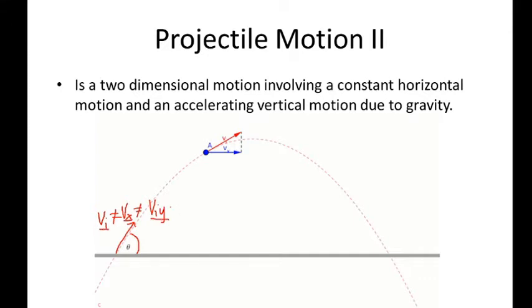So if we want to determine the initial velocity, it is a combination of initial velocity in the x and initial velocity in the y.